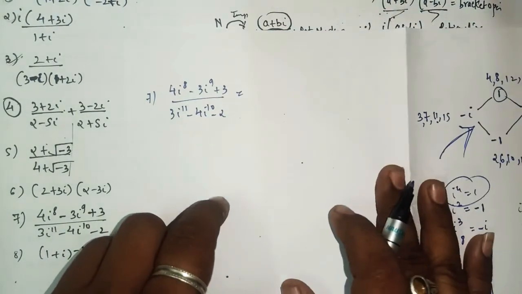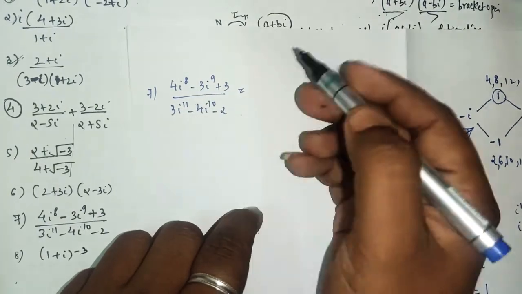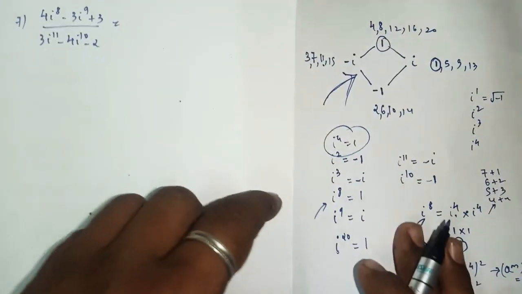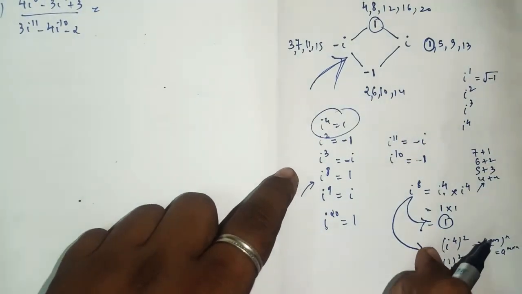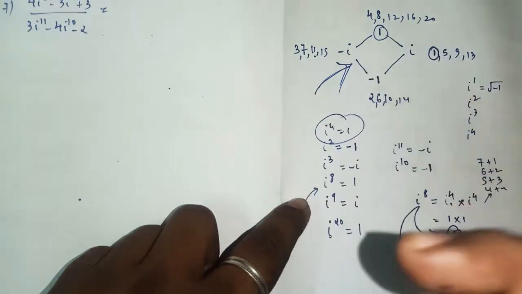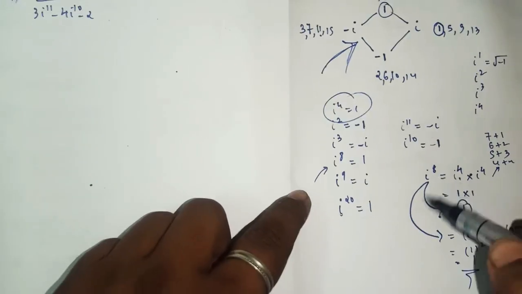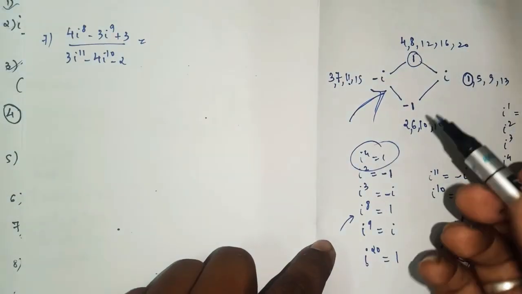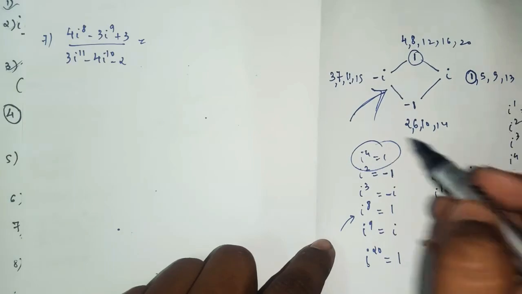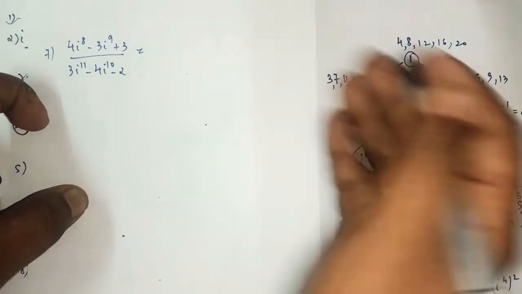The first thing is you have to replace the values of i raised to 8, i raised to 9, i raised to 11, and i raised to 10. As I explained, there is the traditional way to find the value and also the short trick. It is up to you whether to solve this sum by the traditional method or by the trick. For the trick you have to remember this whole diagram. As I know the trick, I will substitute the values directly.